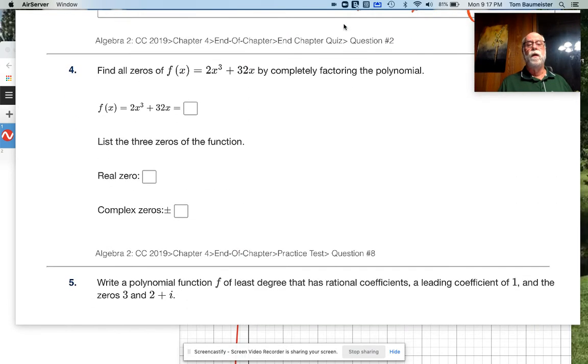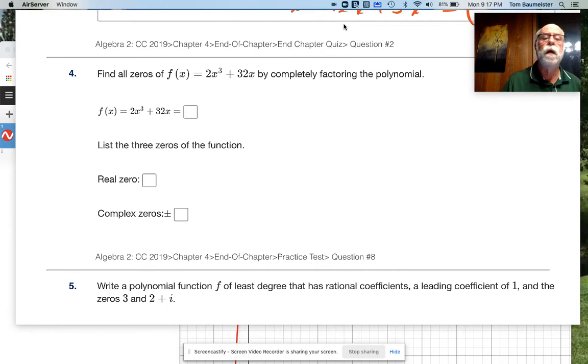Find all of the zeros of f of x is equal to 2x cubed plus 32x by factoring the polynomial completely. So kind of like we did on number 1. I can factor out a 2x.